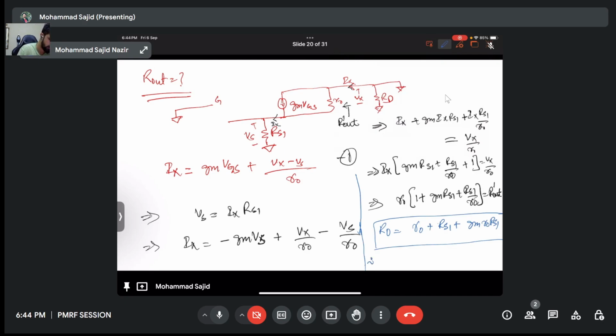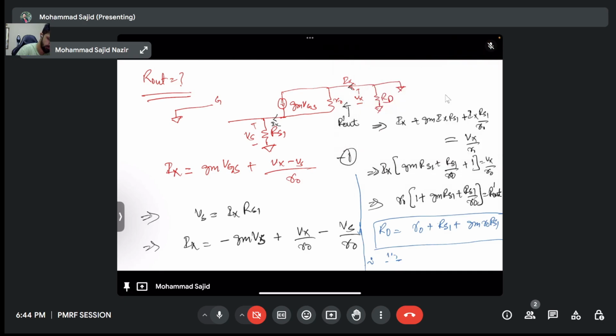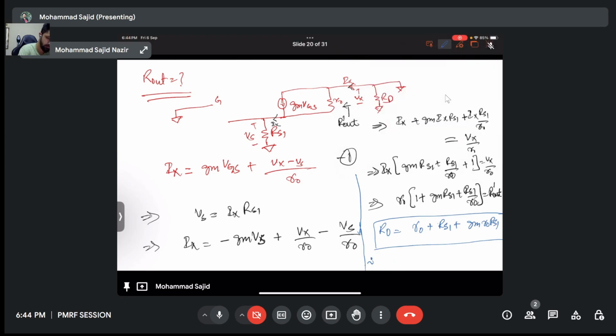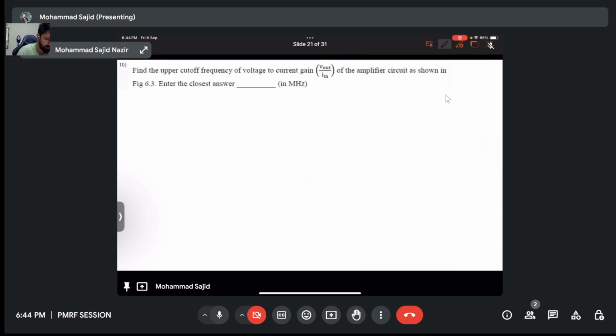So therefore, V output by V in is AI, the current gain, multiplied by the resistance ratio. Okay, so you can take the values and calculate it.